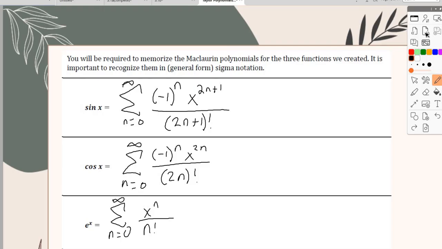Is that just so that the two are... It's not really a phase shift. It's more like, because sine is an odd function and cosine is an even function, I need even degrees versus odd degrees. And the way we do that is, with even numbers, I can always divide by 2, so that's why we get a 2n. And then odd numbers are always going to have a remainder of 1 whenever divided by 2. So that's where we get the +1 from.